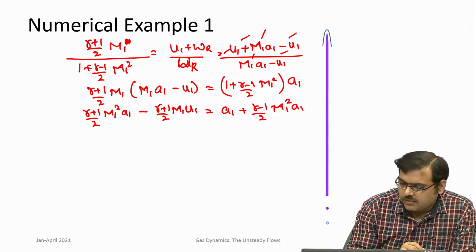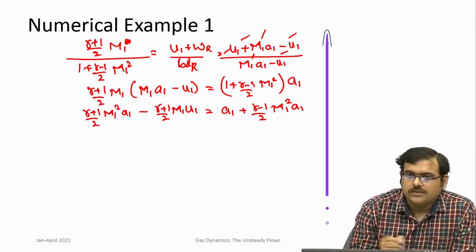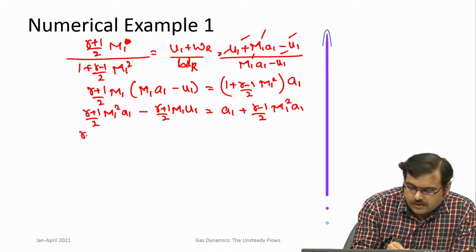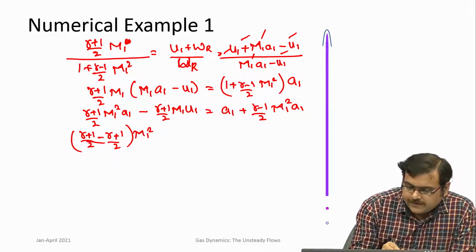So now you are approaching a quadratic, algebraic equation. So you can take this side, so (gamma plus 1) by 2 minus (gamma minus 1) by 2, m1 square, this is how it looks.